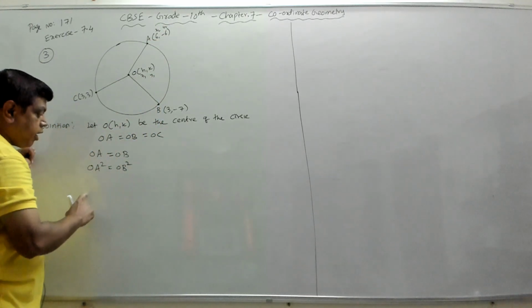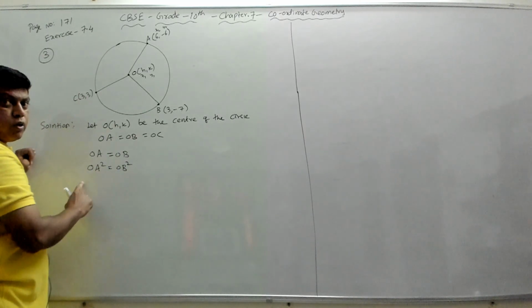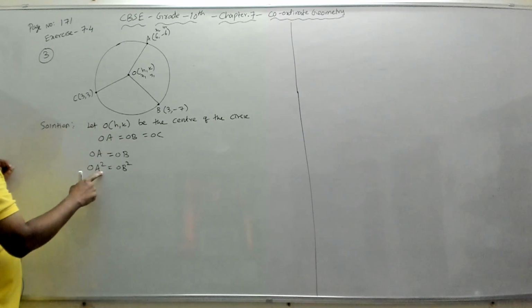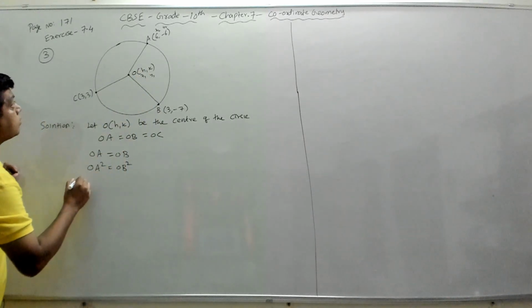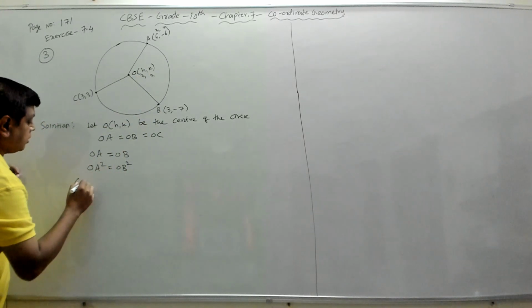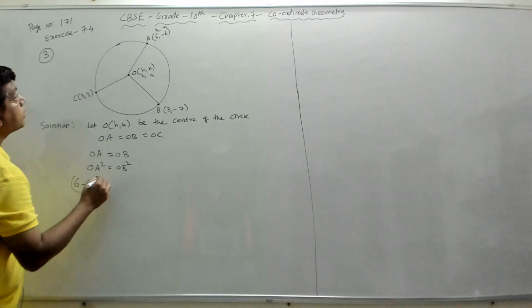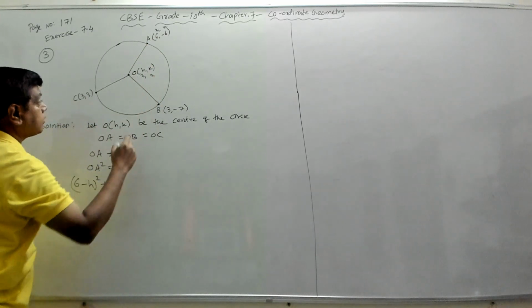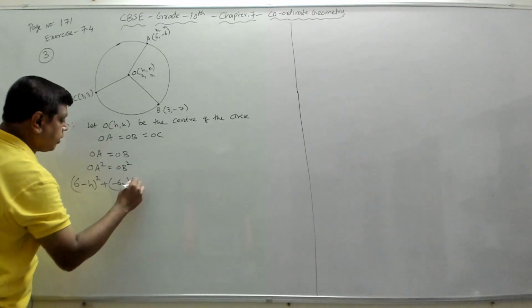Distance formula says square root of, but we will not say square root because we are finding OA square, so there won't be any square root. So your OA square will be x2 minus x1 the whole square, which means 6 minus h the whole square, plus y2 minus y1, minus 6 minus k the whole square.